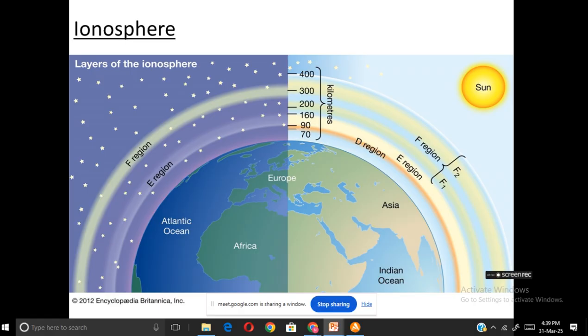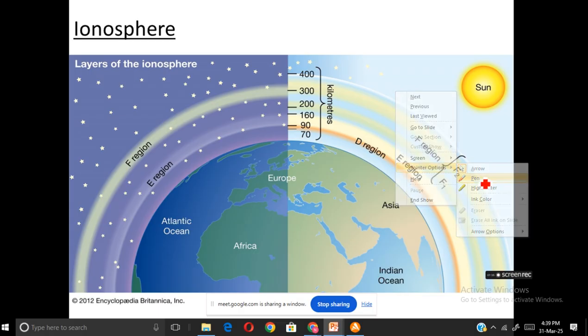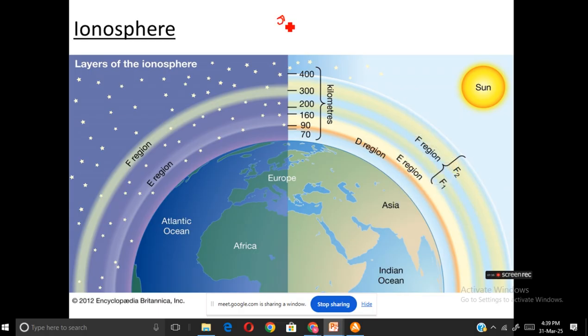So the ionosphere is a region where a large number of electrons and ions are present.